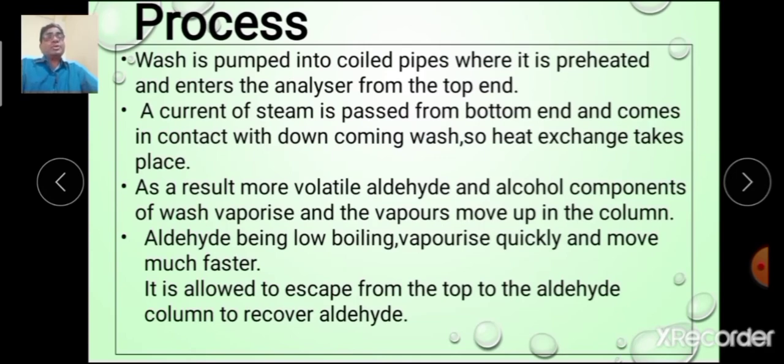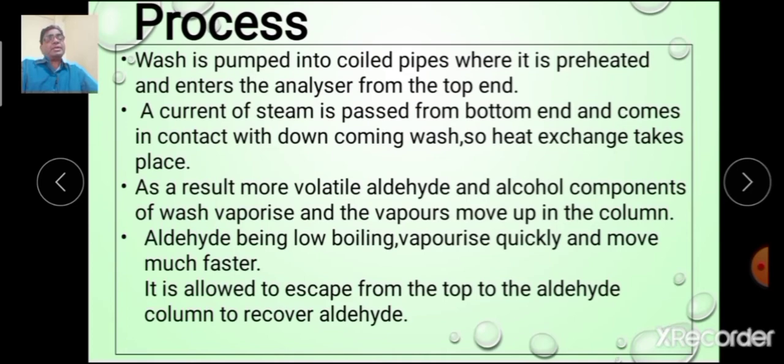What is the procedure? The wash is pumped into a coil where it is preheated, and it enters the column from the top end, while the steam is passed from the bottom.